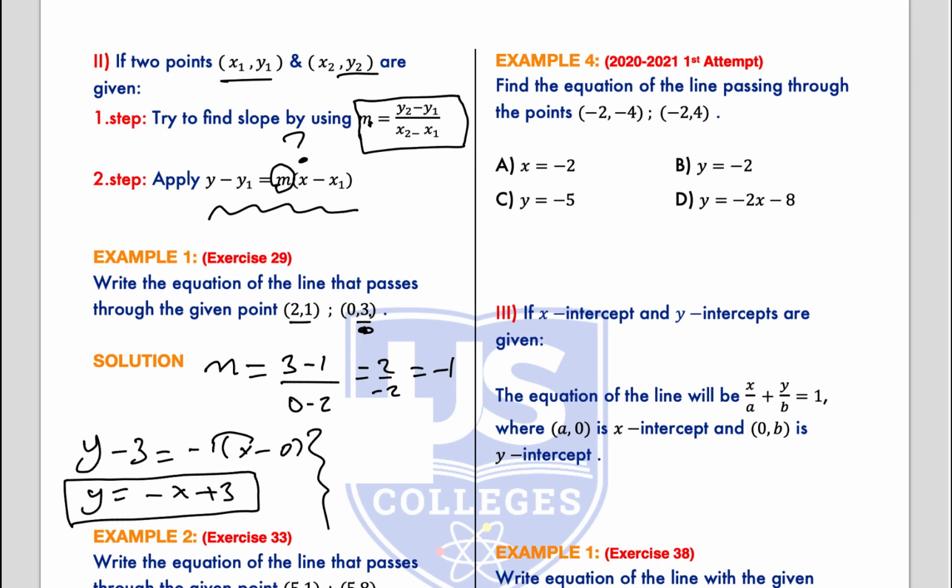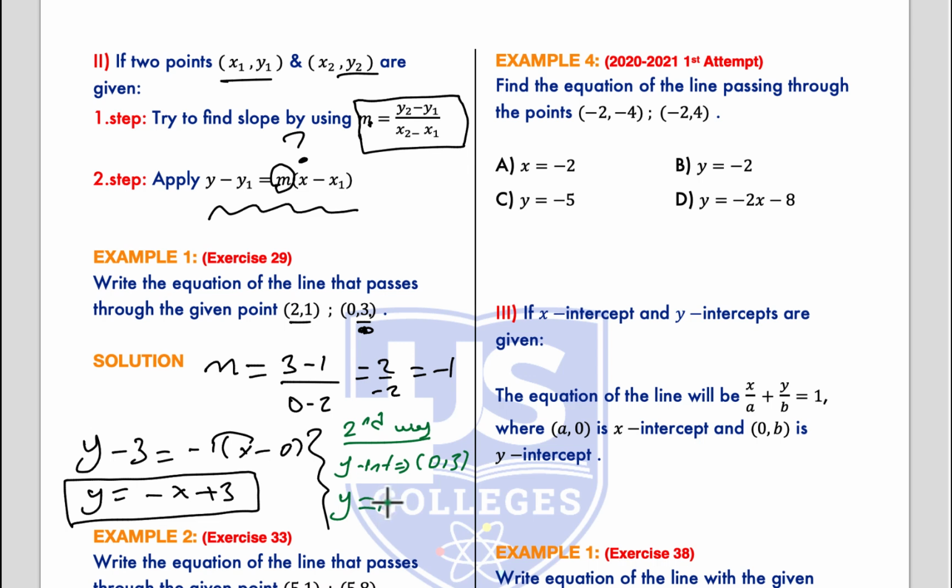There is another way, for some students, this is easier. After you find slope, when you look at the second point, it is the y-intercept. If the x component is 0, then it is the y-intercept. So if y-intercept is given, slope is given, from the previous topic, remember, you can use that form, slope intercept form.